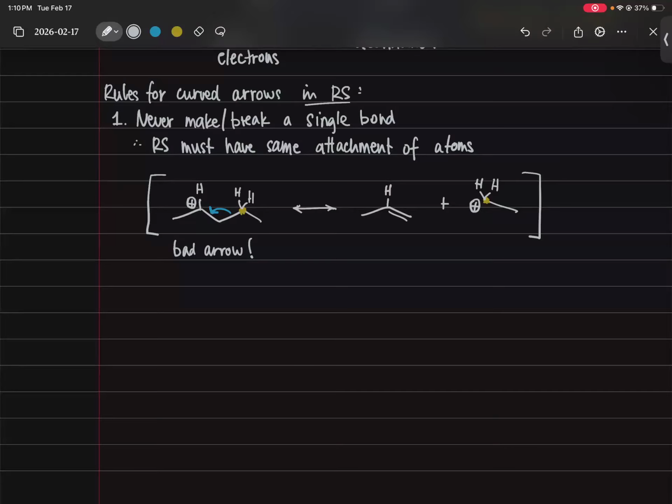And here we've had a chemical reaction happening. So this is not a resonance structure. So this implies that a chemical reaction is happening. So that breaks our first rule: never make or break a single bond. Clearly, we've broken that single bond because we've split the molecule into two parts.